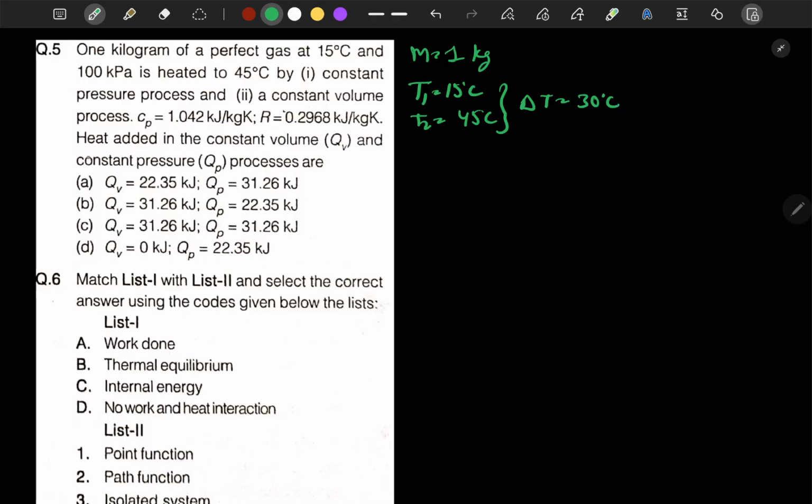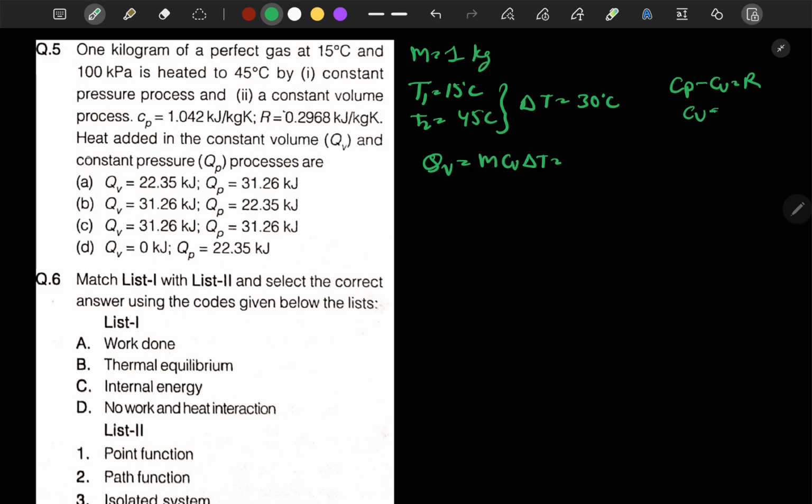Now the first is heat transfer at constant volume, which is equal to mcv delta T. Mass is 1, cv is not given, so you can use the relation cp minus cv is equal to R, and calculate the value of cv from here.